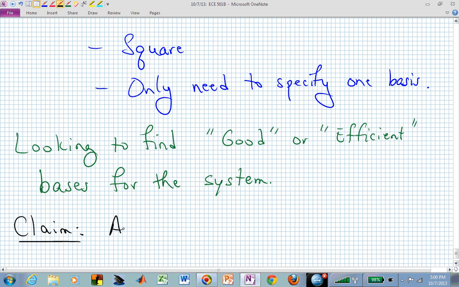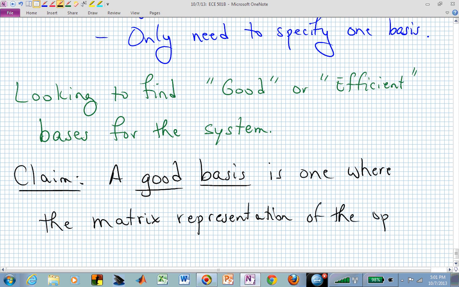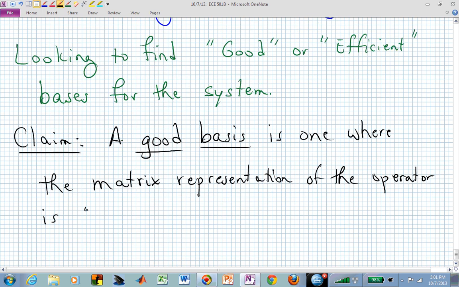We're going to claim that a good basis is one where the matrix representation of our operator is simple. Boy, I'm using a lot of quotes, aren't I?